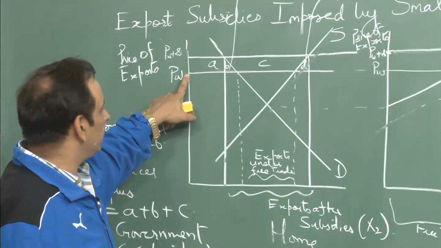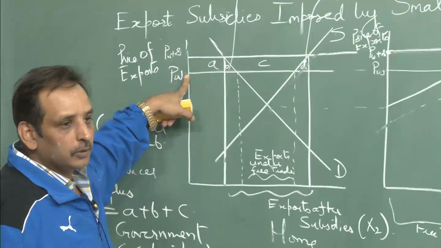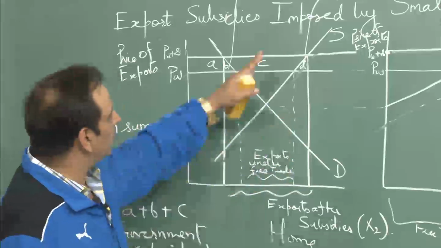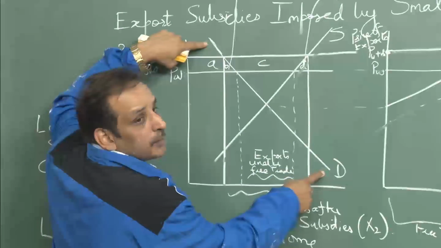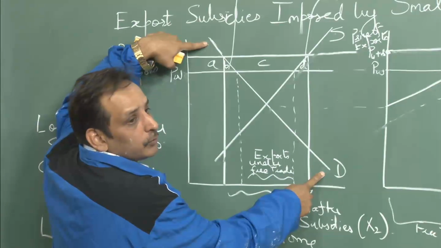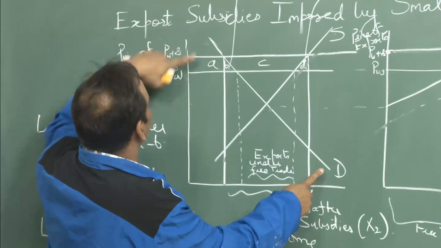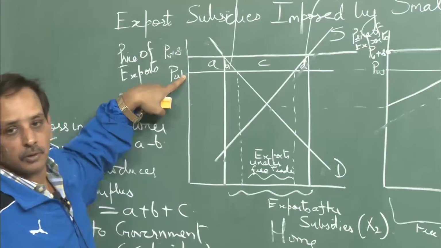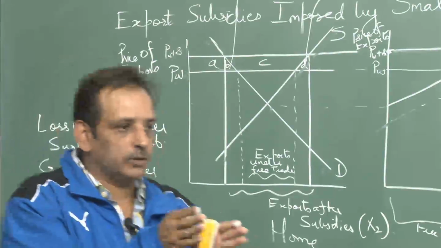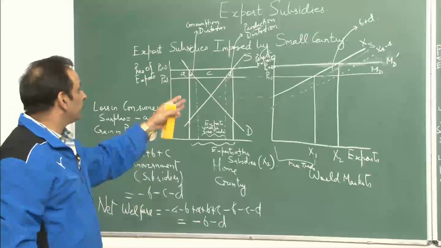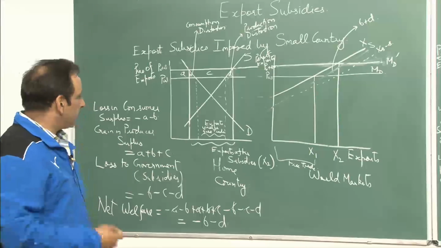So they will keep charging PW, and what they will receive is PW plus S. So there will be a shift in the export supply curve, no change in the demand, because what consumers will give will only be PW. So a small change in export supply, and therefore less change in the exports.